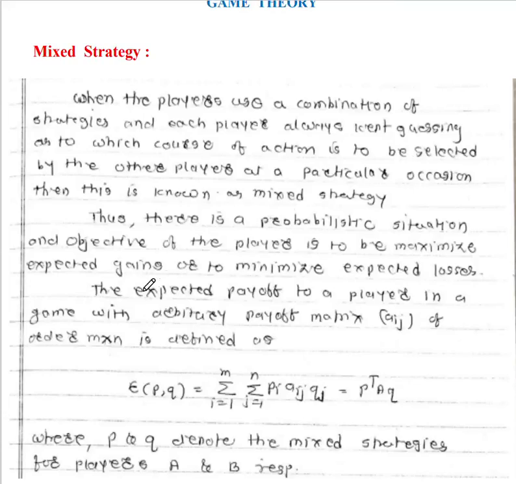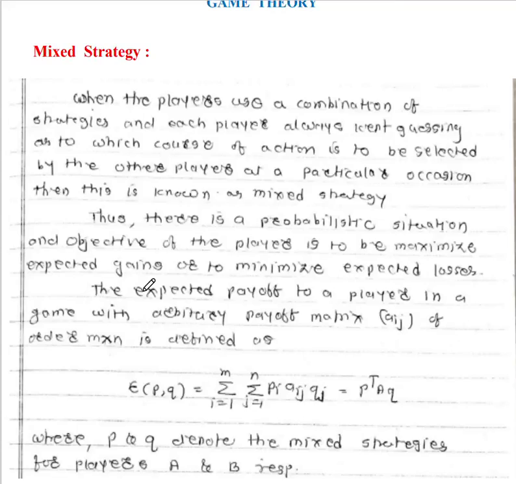Mixed strategy is defined as: when a player uses a combination of strategies and each player is always kept guessing as to which course of action is to be selected by the other players on a particular occasion, then this is known as a mixed strategy. In this situation we don't know what the next person will play or what actions they will take on our courses of action.